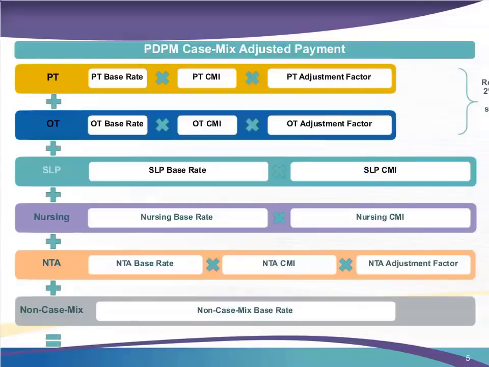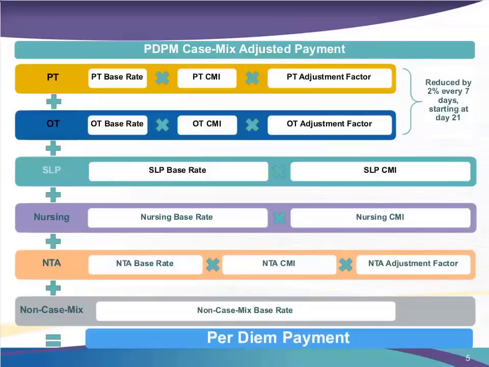Again, this is really another nice visual for you on how each component is determined. And each of these components have a base rate and then a CMI in 5 of the 6 of them. Some of them have an adjustment factor. The PT and OT components do have an adjustment factor, and we will walk through that.